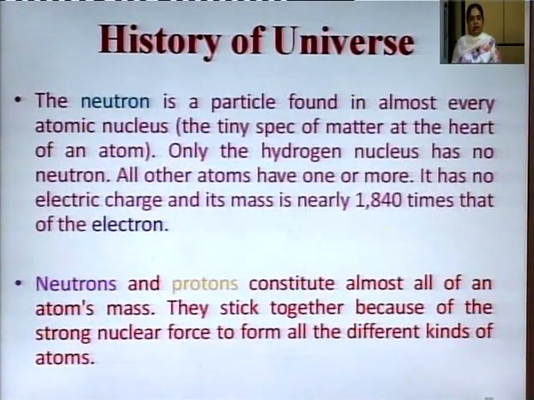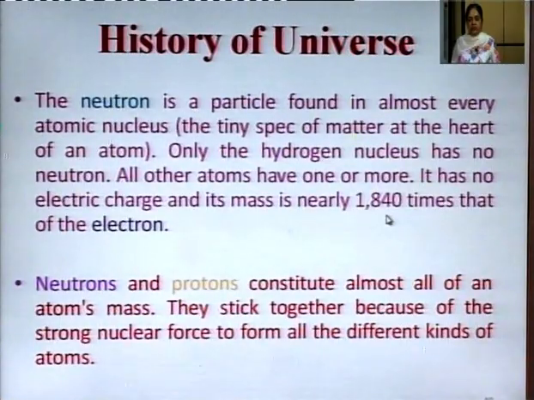History of universe. The neutron is a particle found in almost every atomic nucleus. Only the hydrogen nucleus has no neutron. All other atoms have one or more.